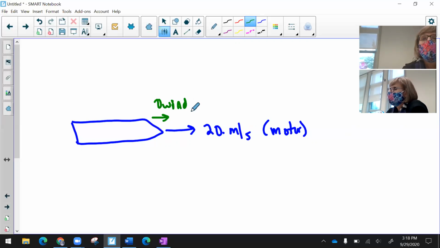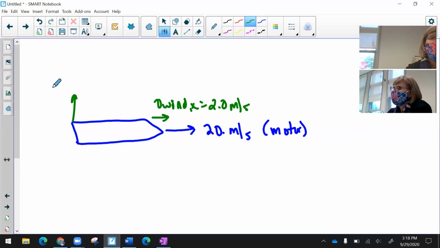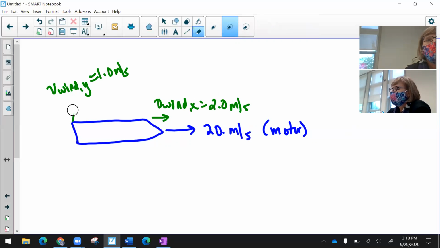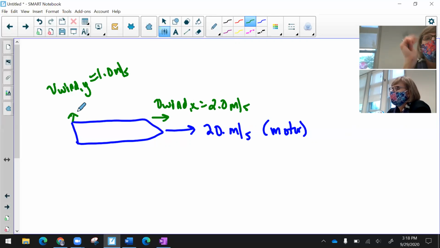Okay, so v wind x is 2 meters per second. And what other direction is the wind blowing in? Okay, so we'll let y be this way. So this is v wind y, and that's what? 1 meter per second. My scale is very far off here.